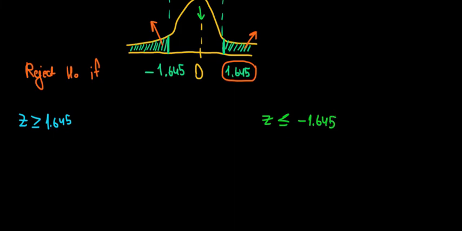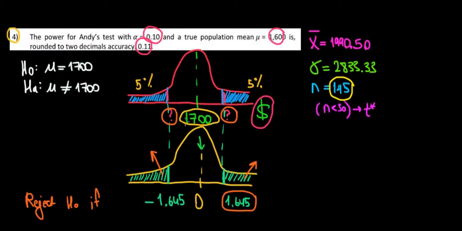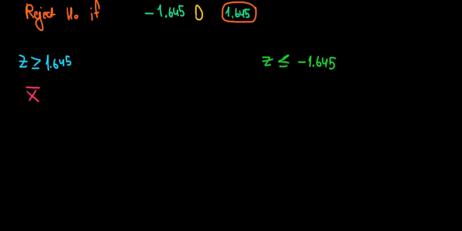Remember, z is a standardization, so we take the difference between the sample mean, which we don't know, that's the question mark we're looking for, and the population mean, because we want to know how far away it is from 1700 in terms of standard errors. So we take x bar, the sample mean that we're looking for to reject the null hypothesis, minus the population mean under the null hypothesis, which is 1700, divided by the standard error, which is the standard deviation 2833.33 divided by the square root of 145.